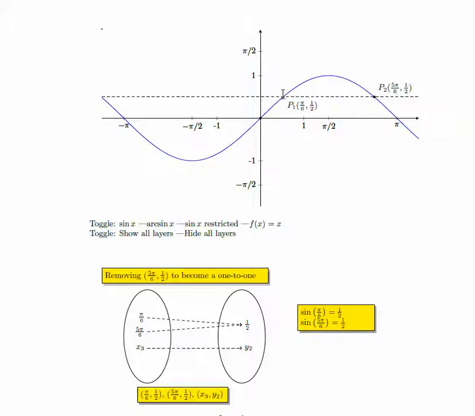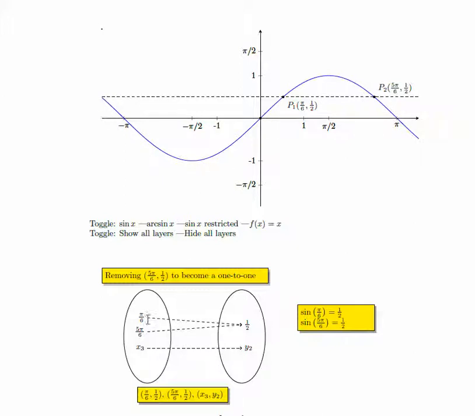When you connect those two points, because the y coordinates are the same, the line will be horizontal. This horizontal line has more than one intersection with sine x.